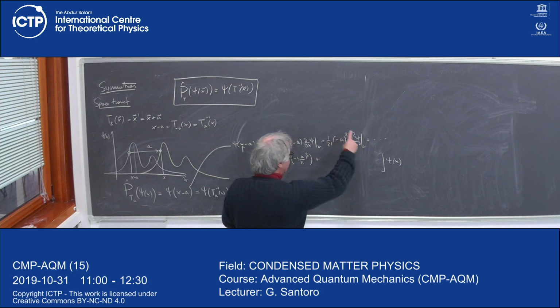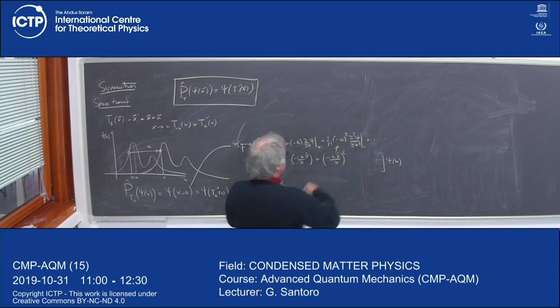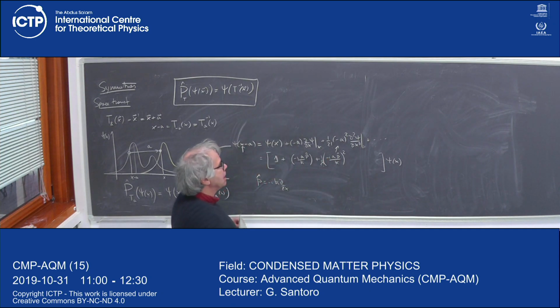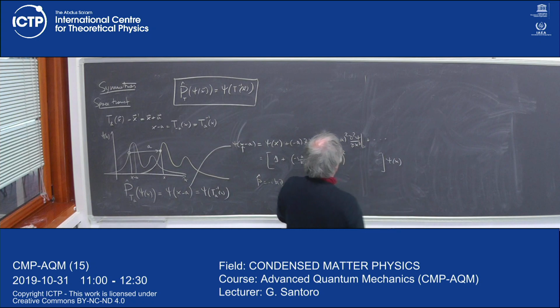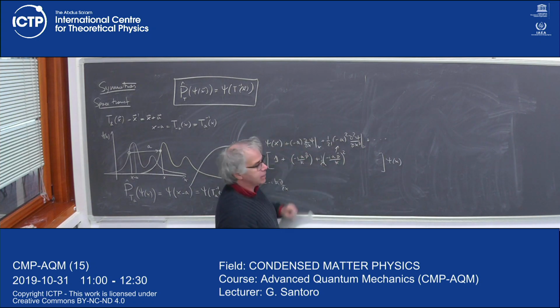And then you can verify that this object is nothing but the square of this, minus i p over h bar squared. Try to verify it, with the 2 factorial. All terms in the Taylor expansion are nothing but higher powers of this object here.